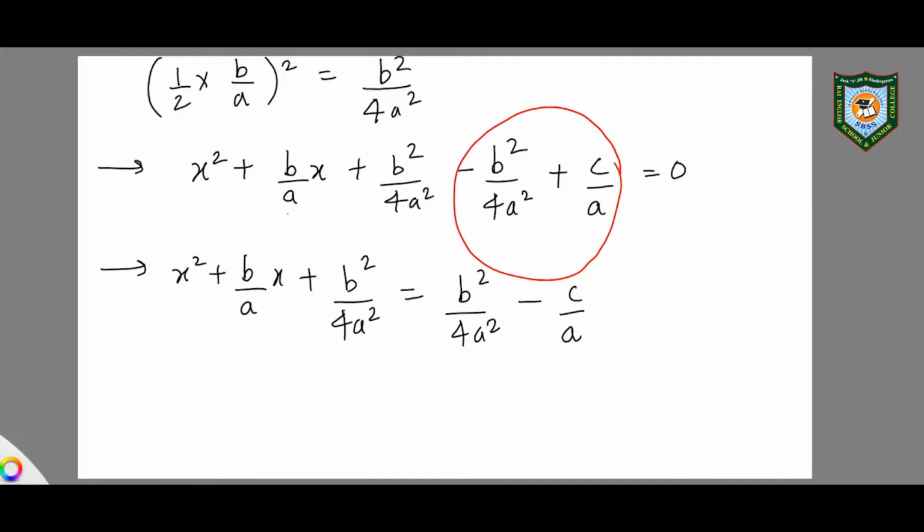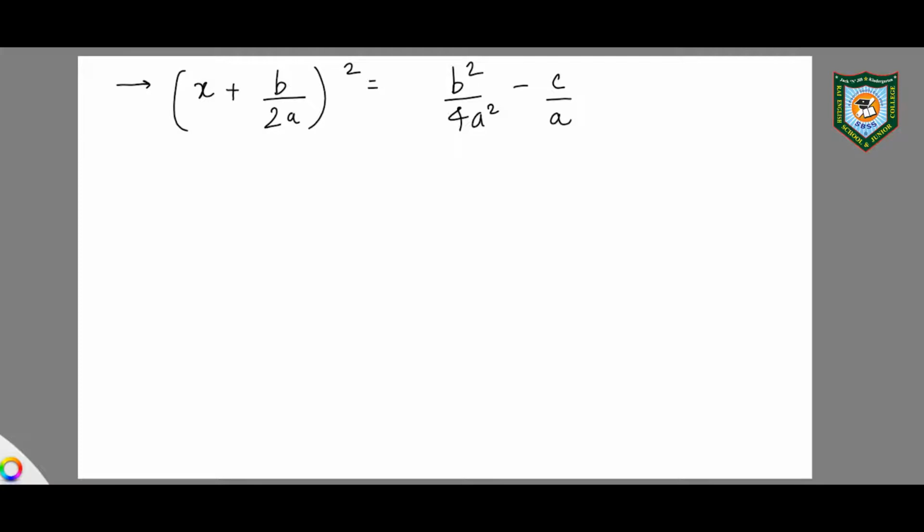Now, once I get this, I can write the left hand side as x plus b by 2a whole square is equals to b square by 4a square minus c by a.